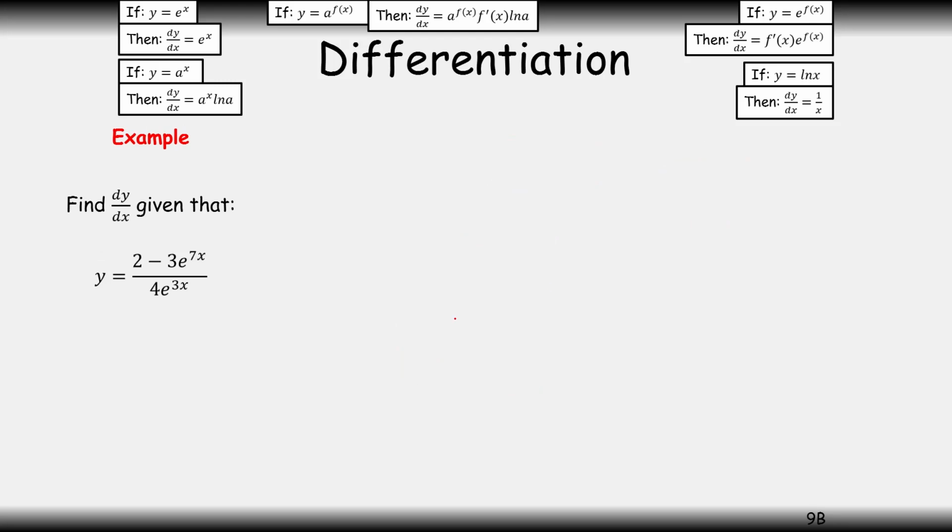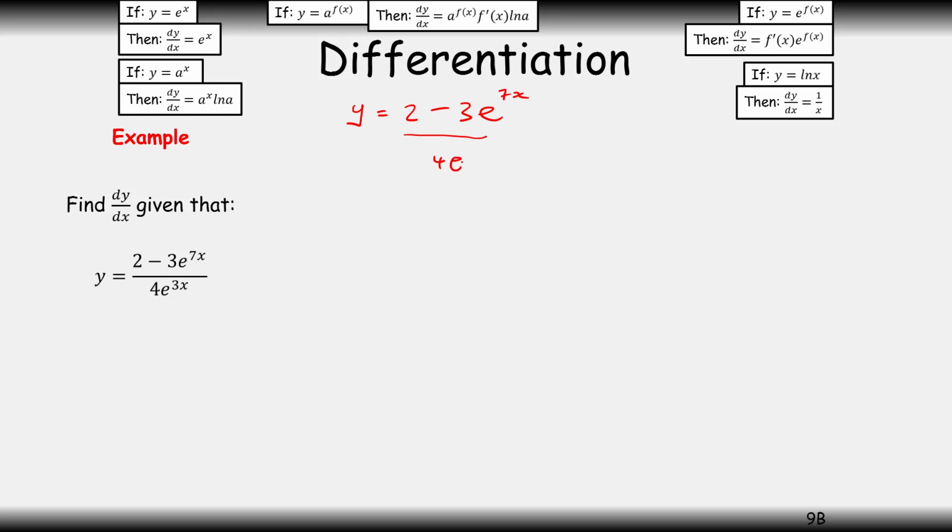Okay, so for this example, we've got y is equal to 2 minus 3 e to the power of 7x, all over 4 e to the power of 3x. Looks like a challenging fraction. Let's rewrite it here.